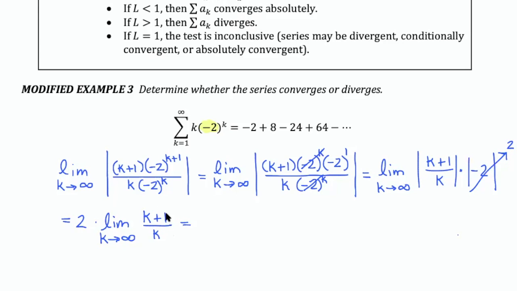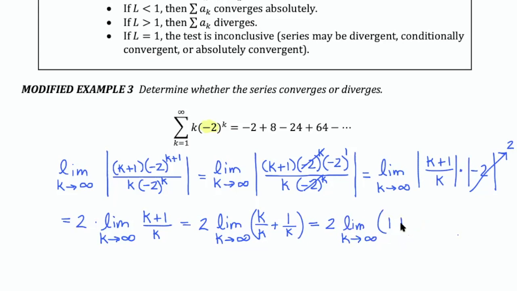You can go look at a graph at this point to determine this limit, or you can take one more step algebraically and separate it into 2 fractions, namely k over k plus 1 over k. That's an equivalent form of my previous step. And the reason I do that is this whole first term then becomes 1.